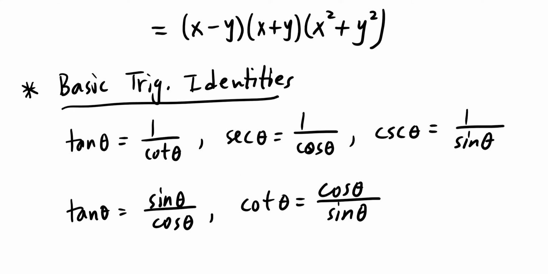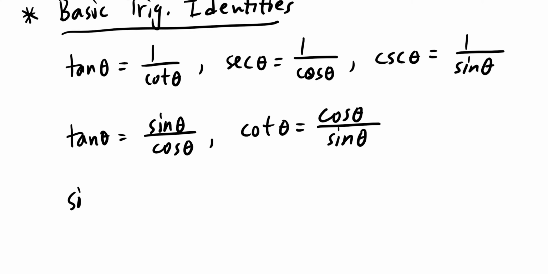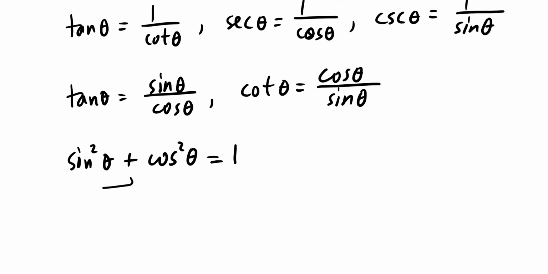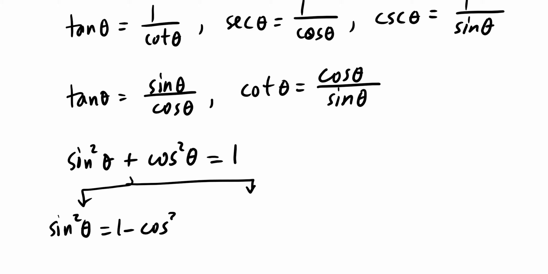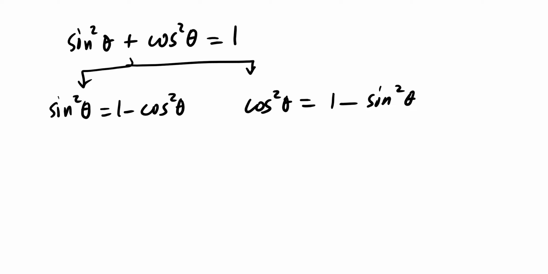And we have the Pythagorean identities: sine squared theta plus cosine squared theta equals 1. Keep in mind, from this we can get a lot of things; we can solve for sine squared, and we can solve for cosine squared. Also, from sine squared plus cosine squared, we can come up with two identities.